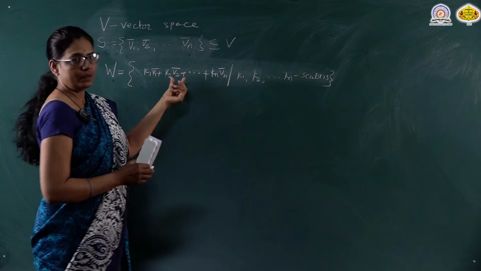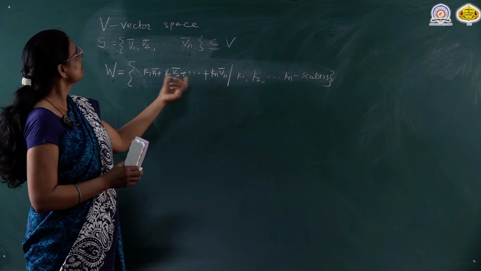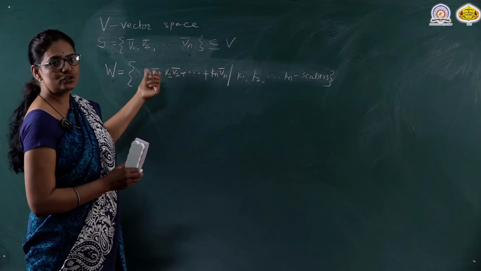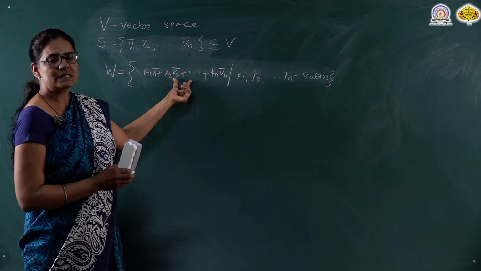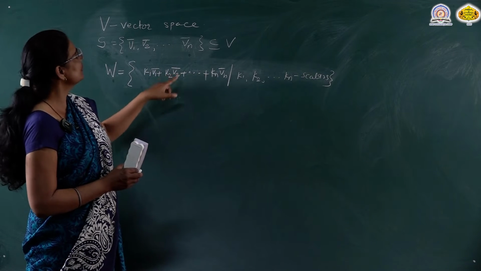As we know, this is the smallest subspace containing the vectors V1, V2, Vn.